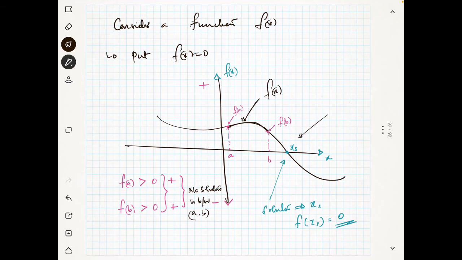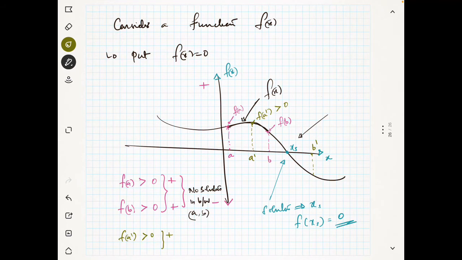Now I assume another point. Let's say this is my A dash. Okay, and I assume a point here which is my B dash. So what is f of A dash? F of A dash is a positive number. That means it is greater than 0. So my f of A dash is greater than 0 or positive.